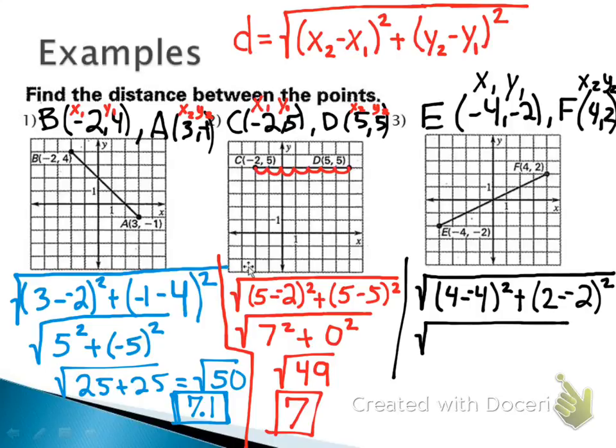What's 4 minus negative 4? 8. So I have 8 squared. Plus, what's 2 minus negative 2? 4 squared, good. So that will give me 64 plus 16, which is square root 80.